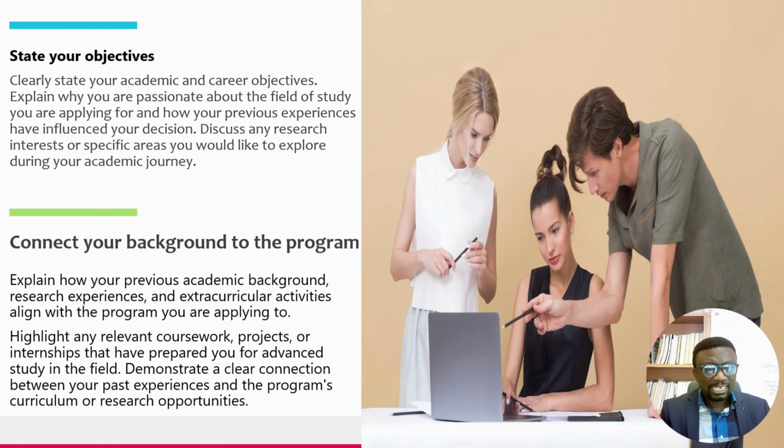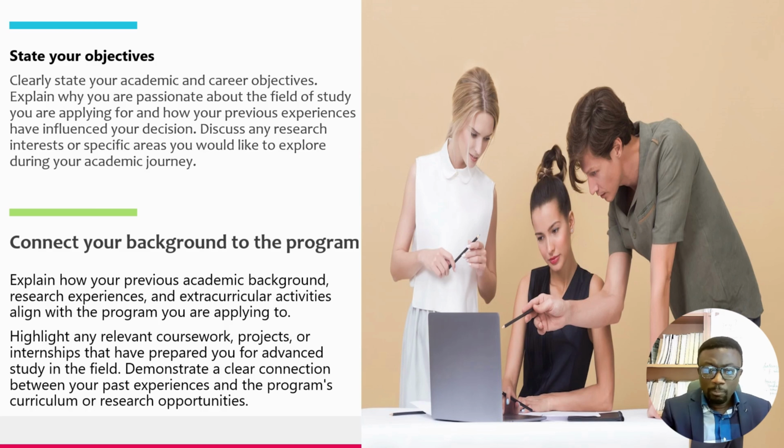Discuss any research interest that you have. Also, it is very important that you connect your background to the program. If you are applying to study a master's within political science, and your bachelor's degree is within political science, it's important that you connect that.